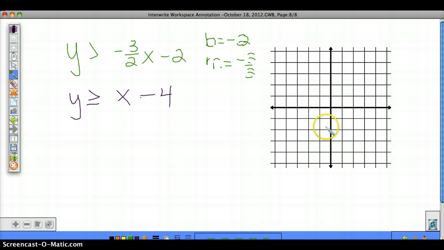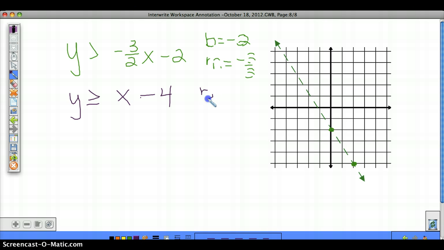So I'm going to start at negative 2, and now I'm going down 3 over 2. It is not underlined, so we are going to have a dotted line here.